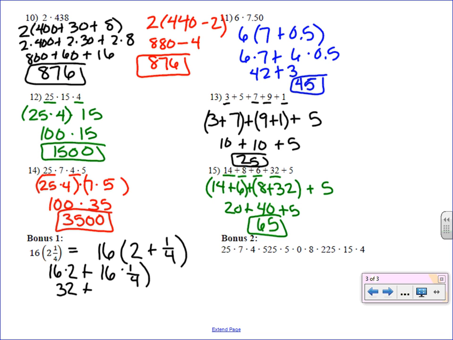And when you multiply a number by a fraction and the numerator is a 1, what it really is meaning is dividing by that denominator. So I could write 16 times 1/4 as 16 divided by 4, which is 4. So 32 plus 4 is 36.